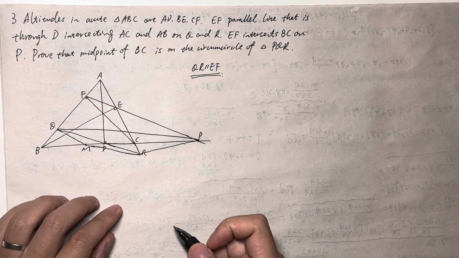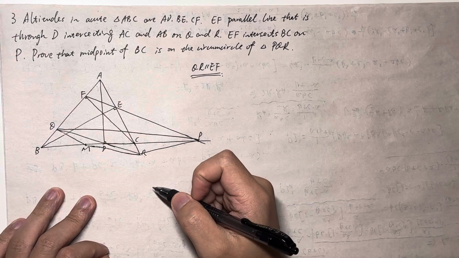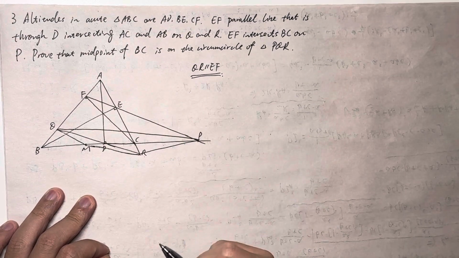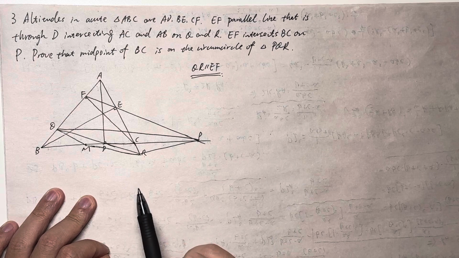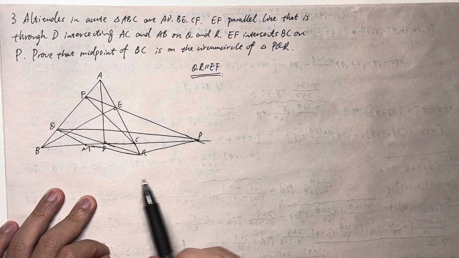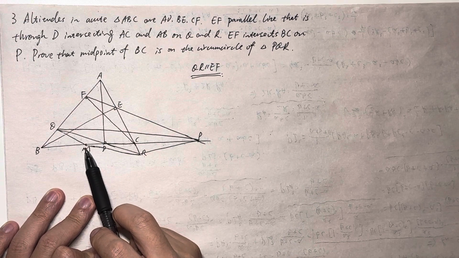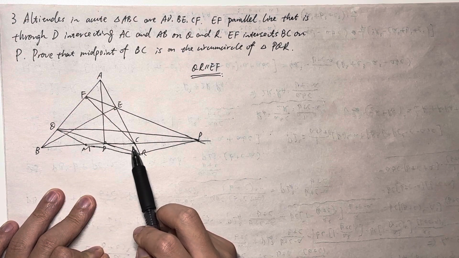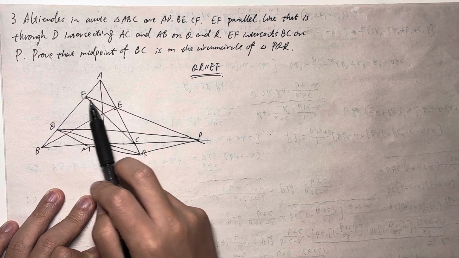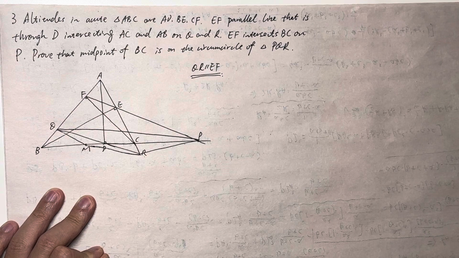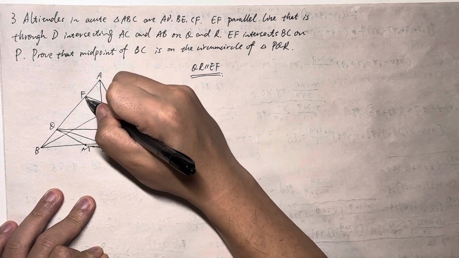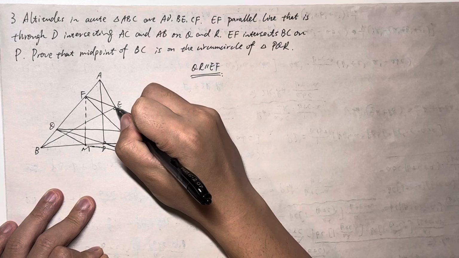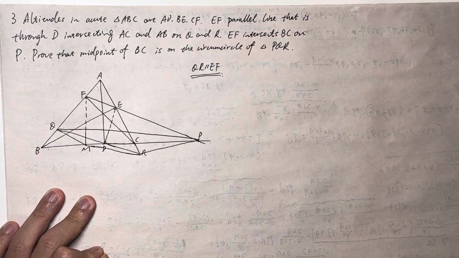So it gives us some inspiration that we need to use the 9-point circle. Why? Because M is the midpoint of BC, and D, E, F are feet of altitudes. We already know these points are cyclic.